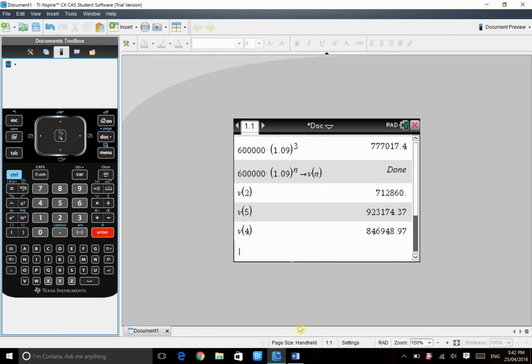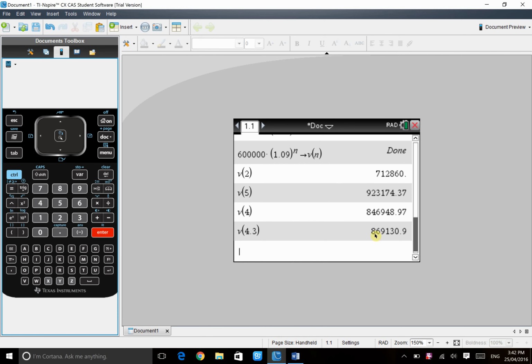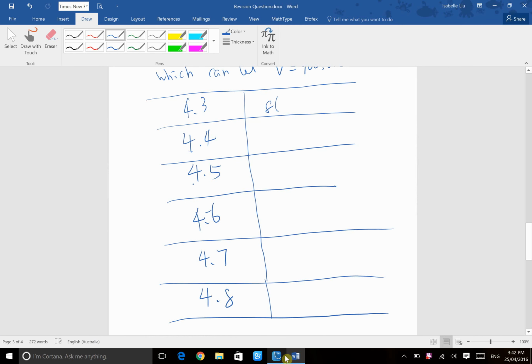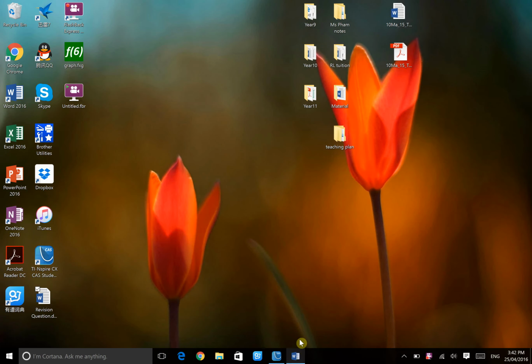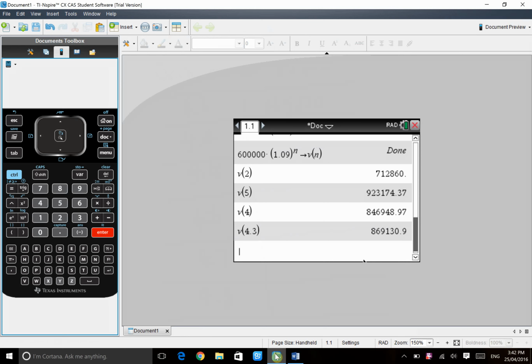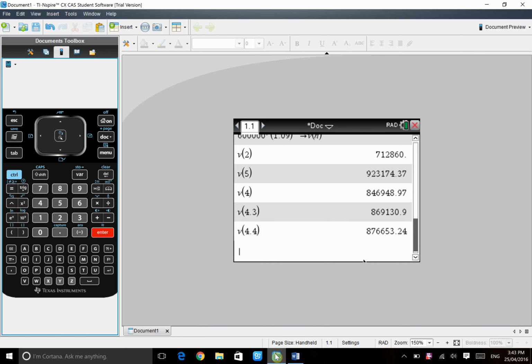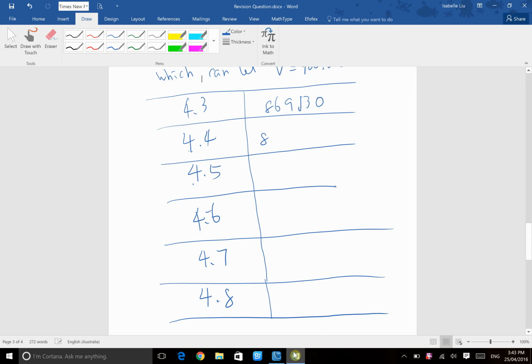What does 4.3 equal to? V 4.3 equals 869130. So it's approximately that value. It's still under 900,000. So let's try 4.4. It is 876663.